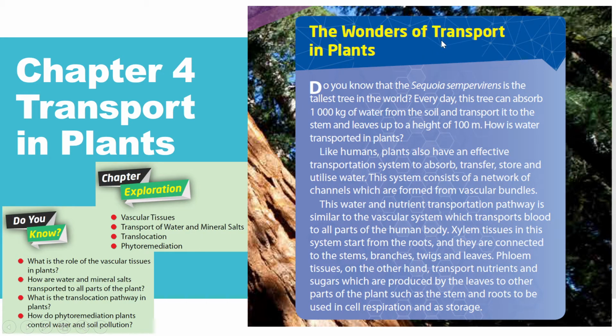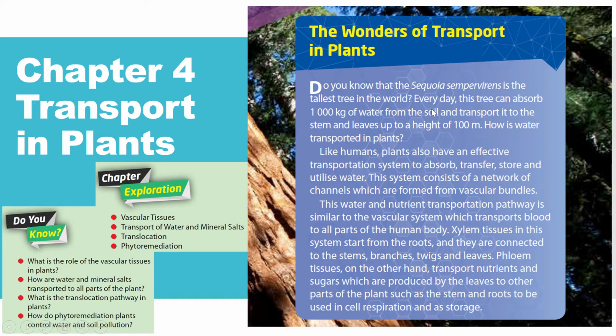So the wonders of transport in plants. This picture is from your textbook. You can see a very huge tree. This is the sequoia species, one of the tallest trees in the world. And the very interesting fact is that this tree can absorb up to 1000 kg of water from the soil.